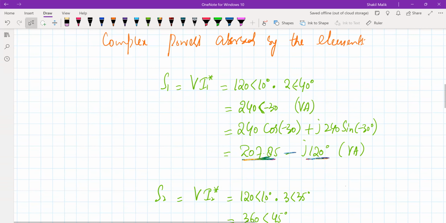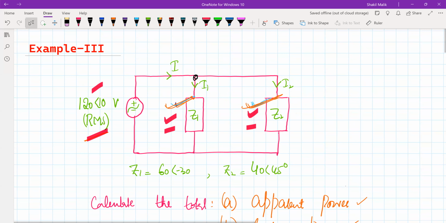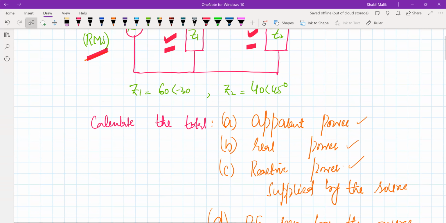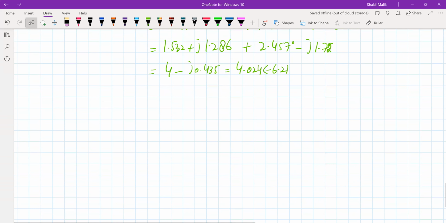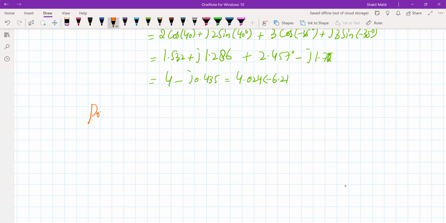Complex power is simply given by voltage multiplied by the conjugate of the current phasor. So what will be the complex power supplied by the source? It is simply equal to V times I conjugate.